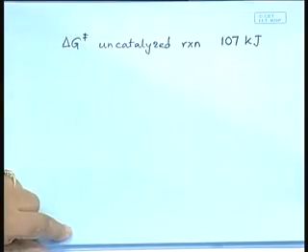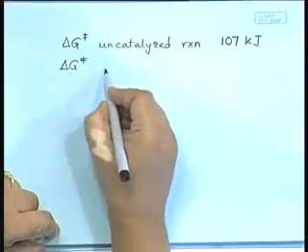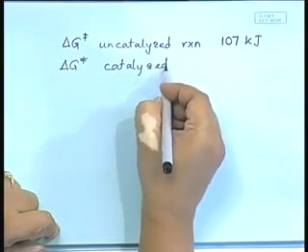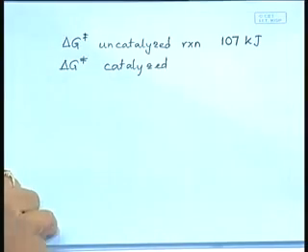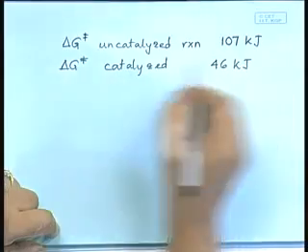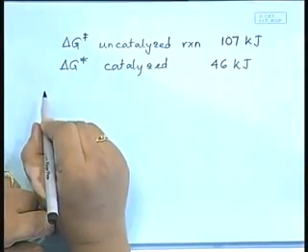It means it is the activation energy. When I say this is there for the catalyzed reaction, is this going to be larger or smaller than that? Smaller. Why? Because my reaction is now catalyzed, my energy for the activation has decreased.